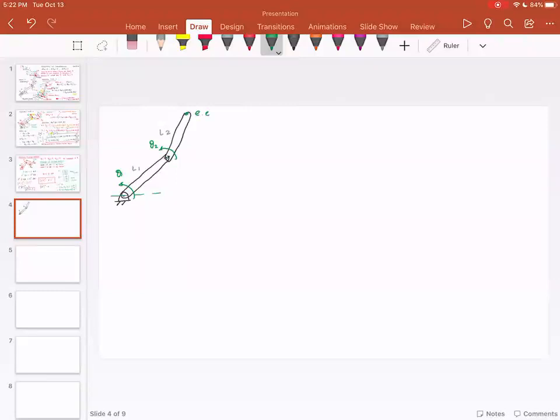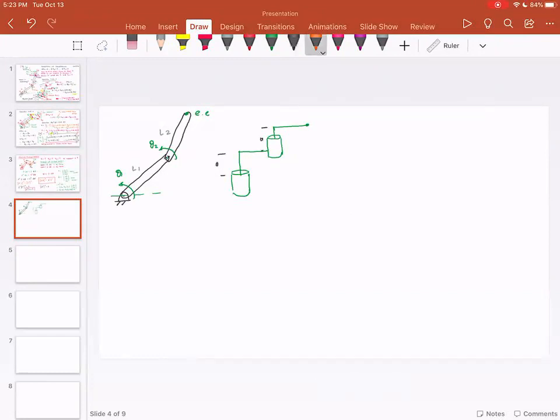So my kinematic diagram is going to look something like this. And please note that this distance is 0, and these distances are approximately 0.